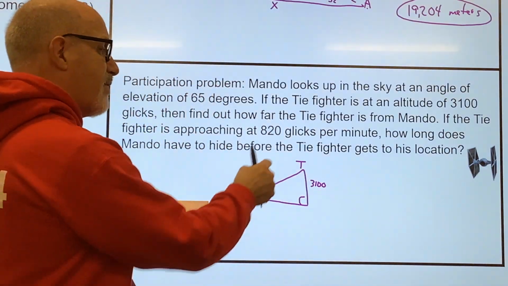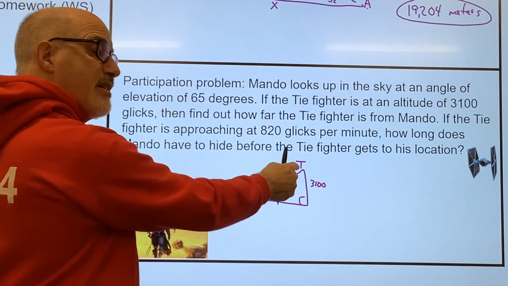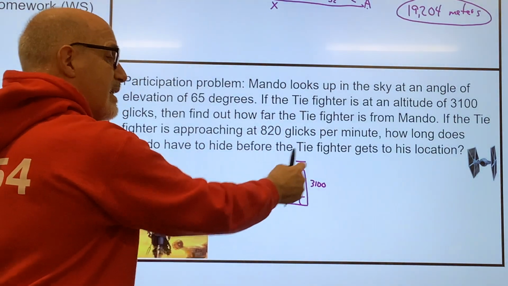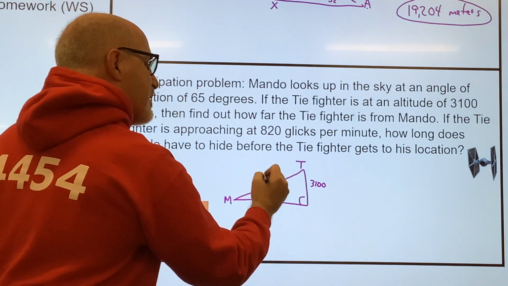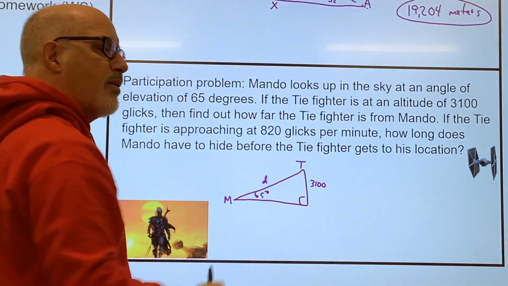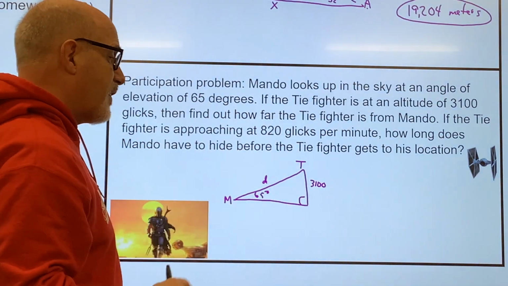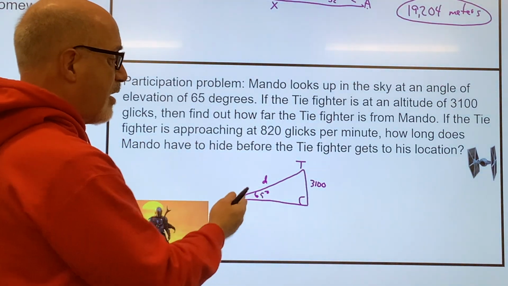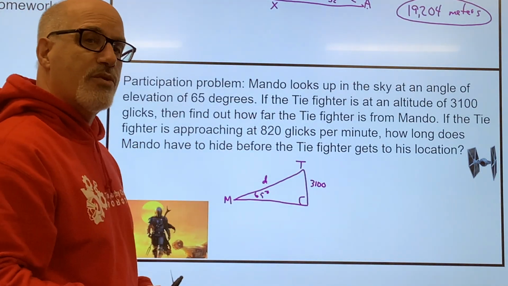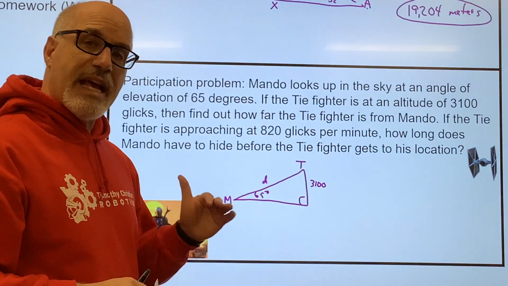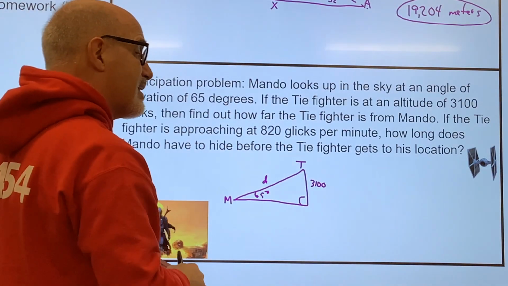We want to know how far the TIE fighter is from Mando. This is the actual distance between the two, so I'm going to call this D for distance between Mando and the TIE fighter. Let's find that first. When we look at the information given, we have an angle, the opposite side, and the hypotenuse. The trig function that has opposite and hypotenuse is sine.